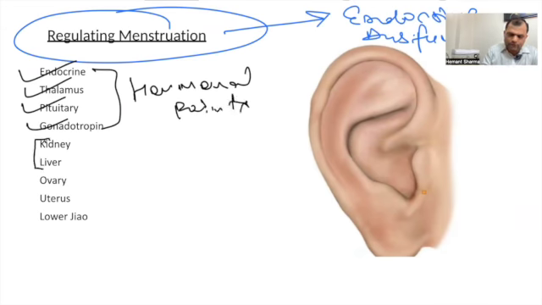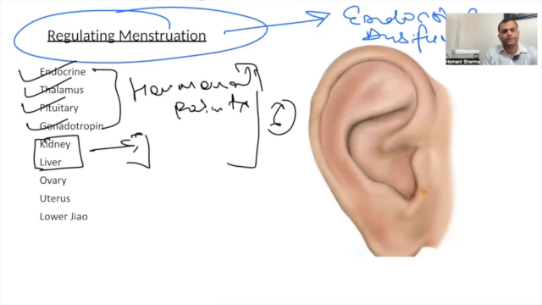And 2 points will be kidney and liver. So again, these are the 6 points, same point. अब हम मेंस्ट्रुएशन को रेगुलेट करना चाहते हैं, तो 6 पॉइंट तो वही हो गए, 4 हार्मोन के और 2 5 एलिमेंट को बैलेंस करने के, लिवर और किडनी, लिवर को बैलेंस करने के, लिवर का और उसकी मदर किडनी का.